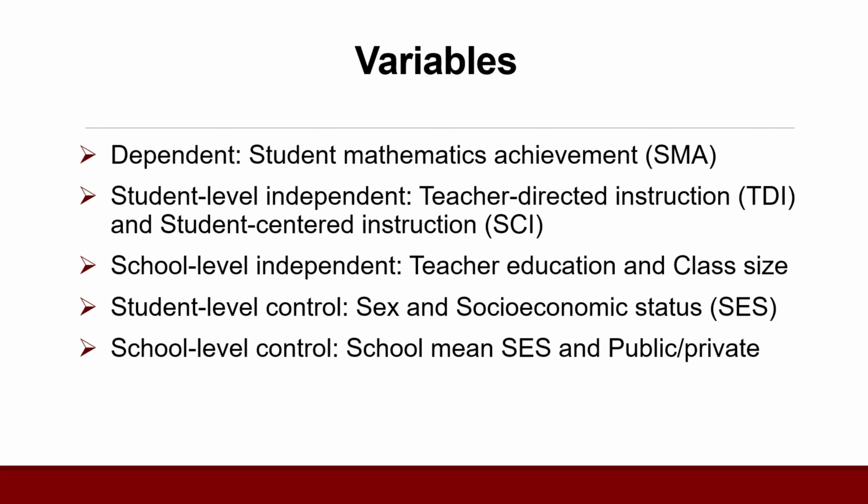And then in the student-centered questions, for example, one item asks students how often their mathematics teacher has the students work in small groups to solve problems. And so for all those, the students had to choose whether it happened every lesson or most lessons or some lessons or hardly ever or never.